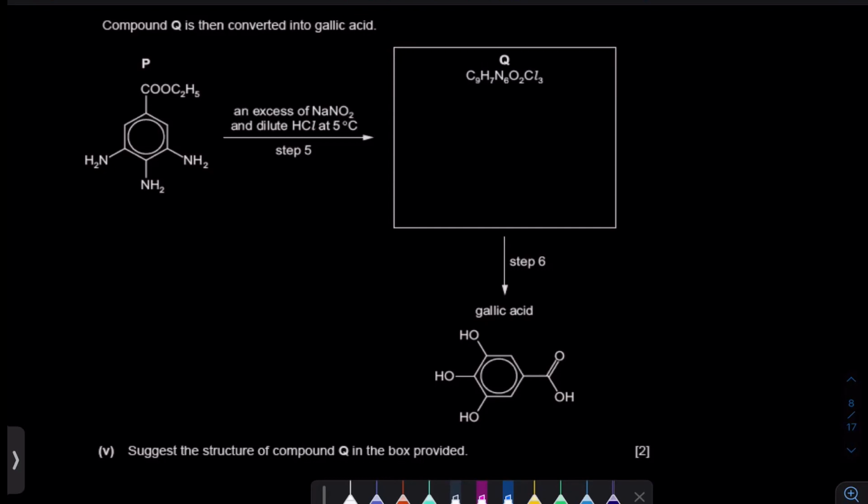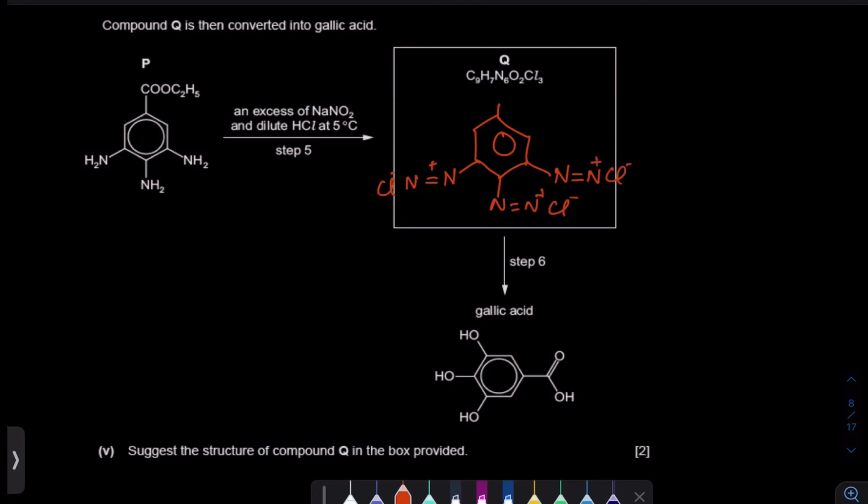It can be predicted from the conditions, and from the formula as well, that it is diazonium. So this is where all the diazonium groups are going to be. So I'll just add those. The diazonium will be N with positive charge, 2N with positive charge, and then they will bond with the negative charge available, which is chloride.